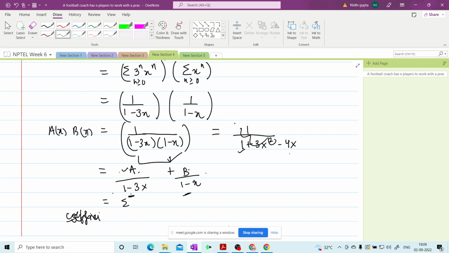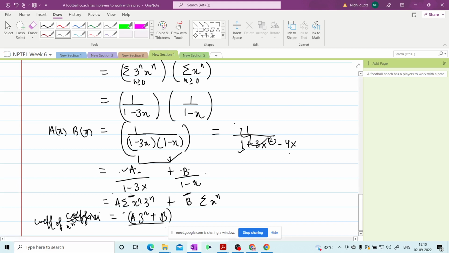Once you have solved for a and b, this is basically a 3 to the n x to the n plus b x to the n, so the coefficient of x to the n will be a 3 to the n plus b.